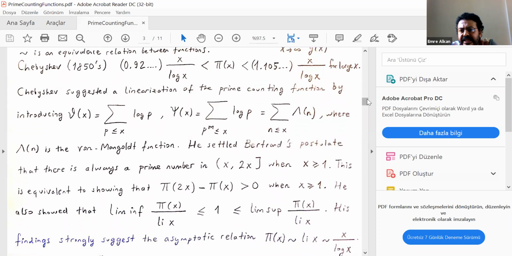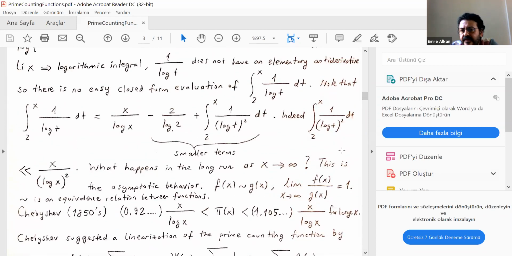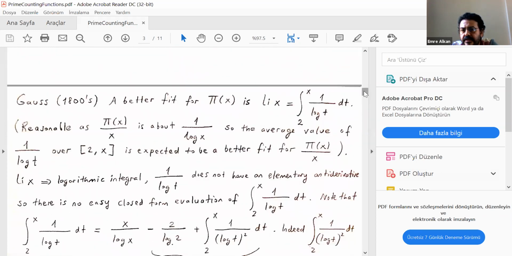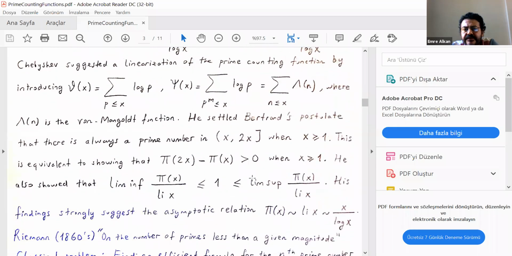He was definitely thinking of asymptotic behavior. I can tell you, he tried the asymptotic behavior of pi x divided by Li of x. He wasn't successful, but he showed this result. If you want to show a limit, of course, a good way is to look at lim sup and lim inf, namely the largest accumulation point and the smallest accumulation point.